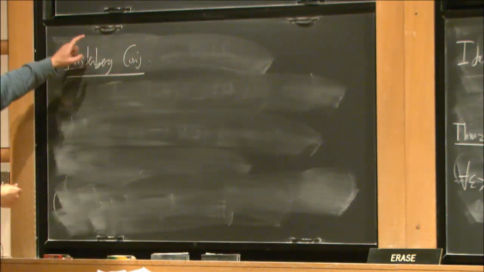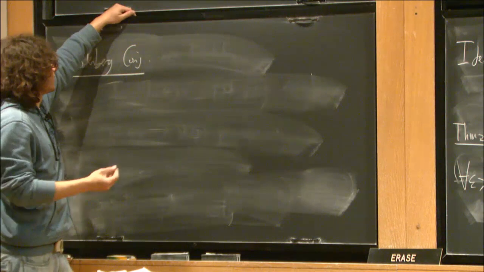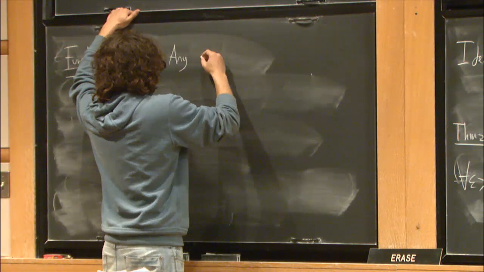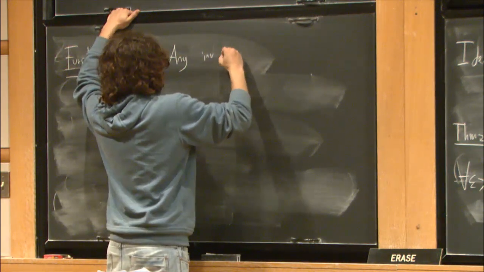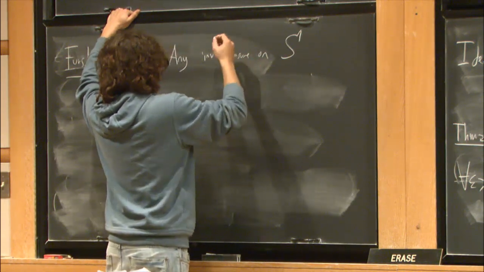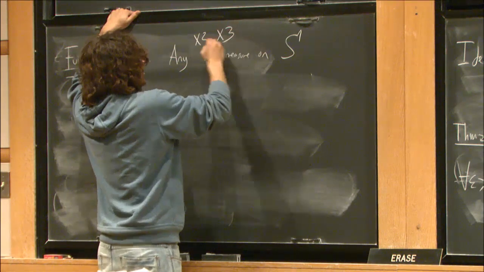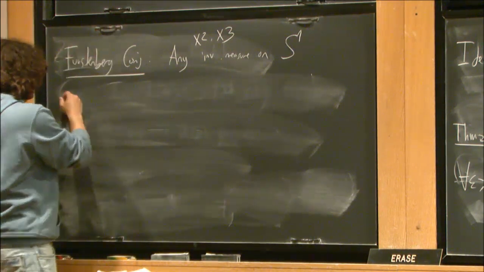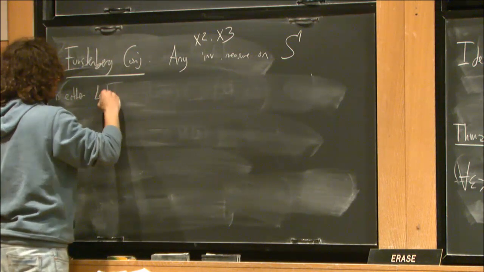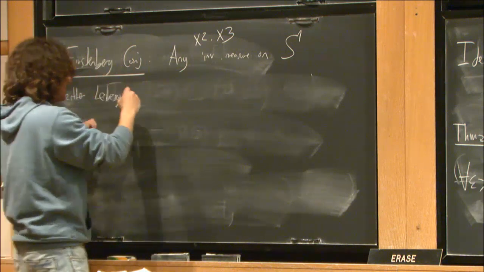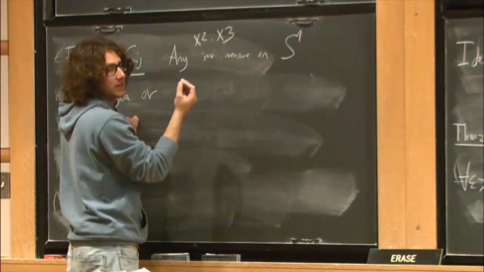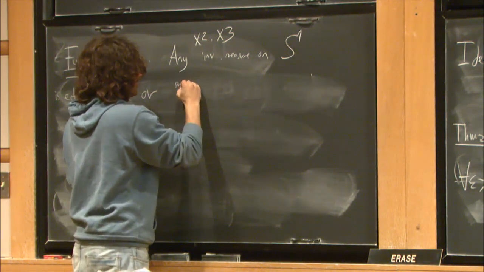that says that any invariant measure on S1, invariant under multiplication by 2 and multiplication by 3, is either Lebesgue, because the Lebesgue measure is preserved by this, or is supported on a finite orbit.